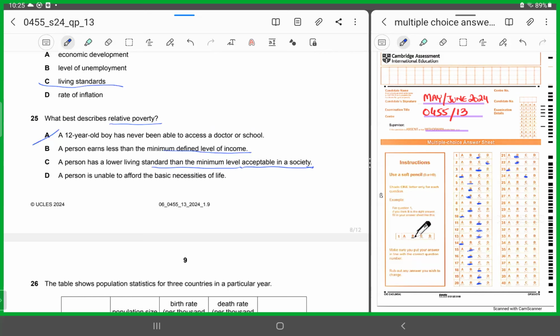So it's the same thing we're trying to say. D says a person is unable to afford the basic necessities of life. This is absolute poverty, right? So it cannot be D, it cannot be B, it has to be C. So for 25, it's option C.